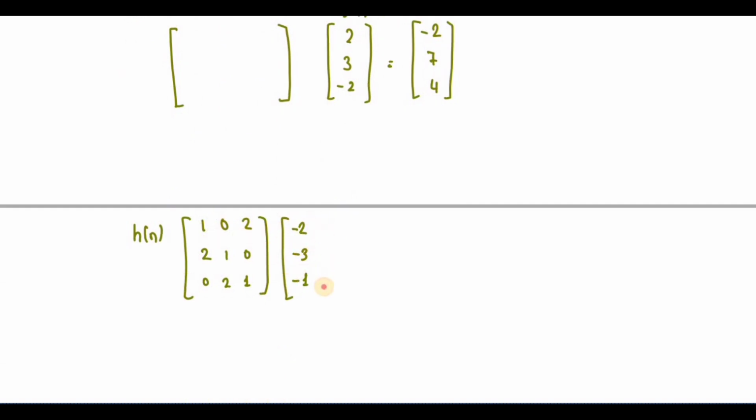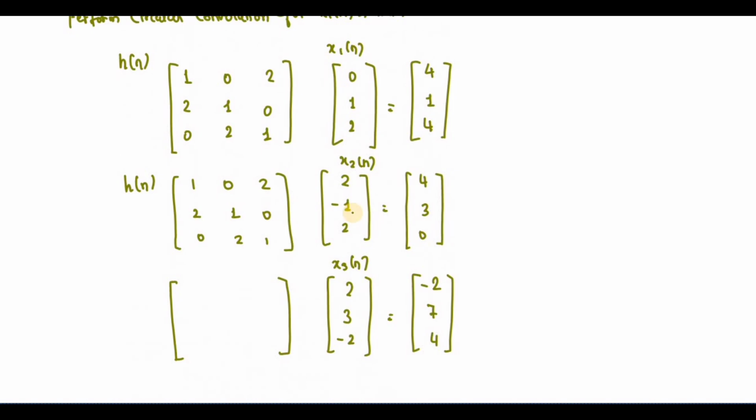Okay. So if you solve, you will get minus 2 is minus 4, minus 2 minus 3 is minus 5, 0, minus 6, minus 1 is minus 7. This is about x4 of n, right?